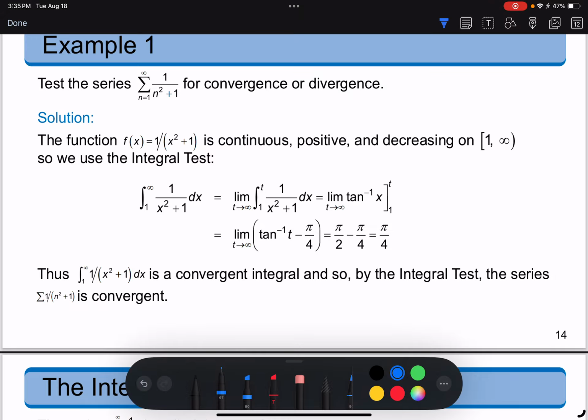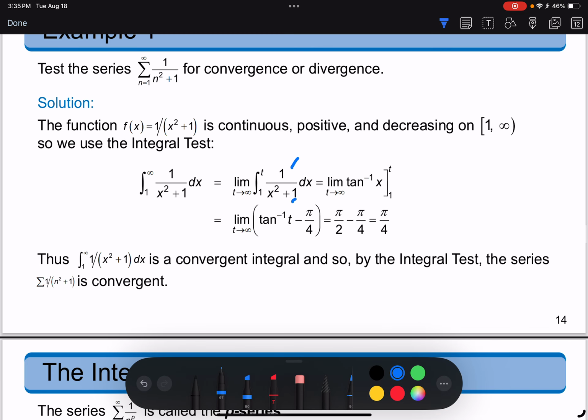The integral of 1 over x squared plus 1 dx from 1 to infinity is the limit as t approaches infinity of the integral from 1 to t. The integral of du over u squared plus 1 is arctangent u. So we have arctangent of x from 1 to t as t approaches infinity.